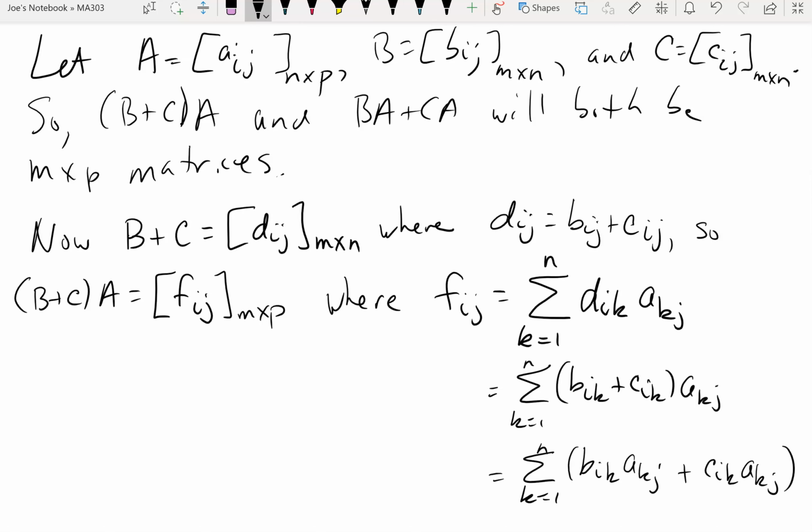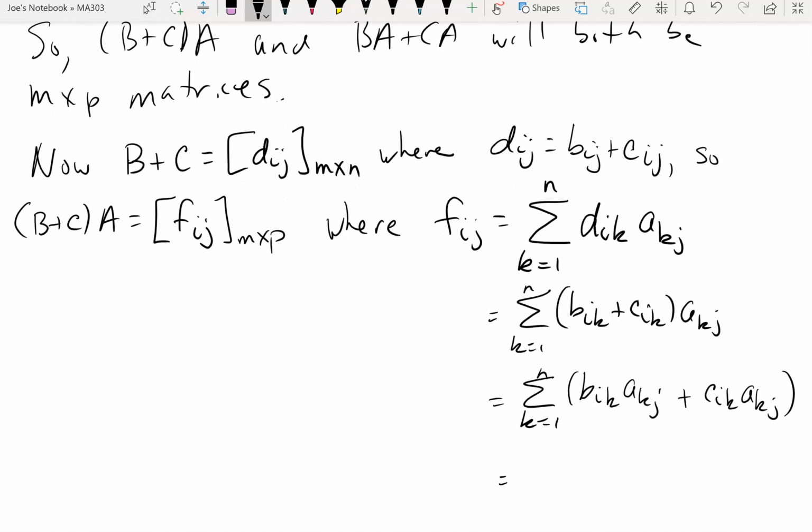And now I've got a sum of a sum. So I can split the summation up over both pieces. Now it's probably about as far as I can go with simplifying things, but I'll go ahead and do that.